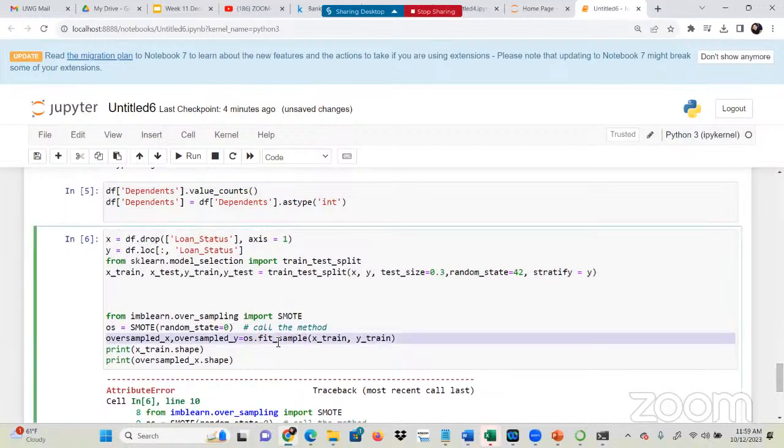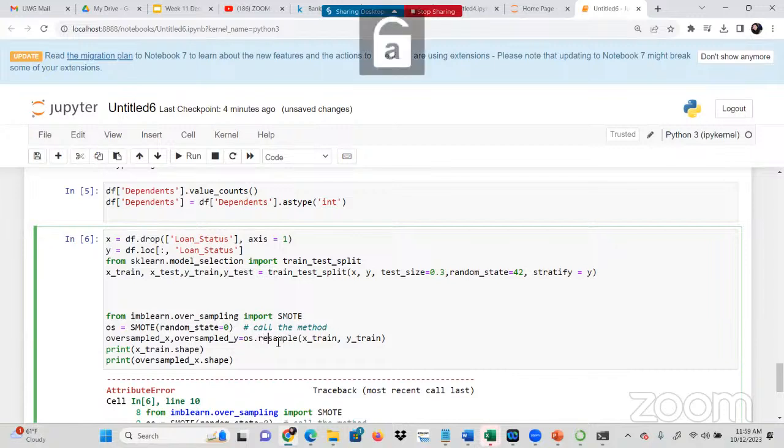What was the new code for that? Forgot. I think it might be fit sample. I'm not really sure. Fit resample. This one?